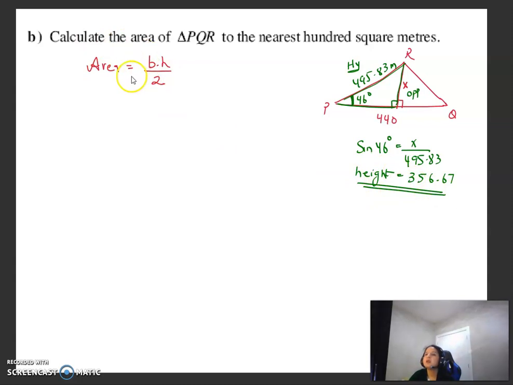Okay, now we can find our area. The base is 440, the height we just found, and then everything divided by 2, and this gives me the area of 78500 meters squared.